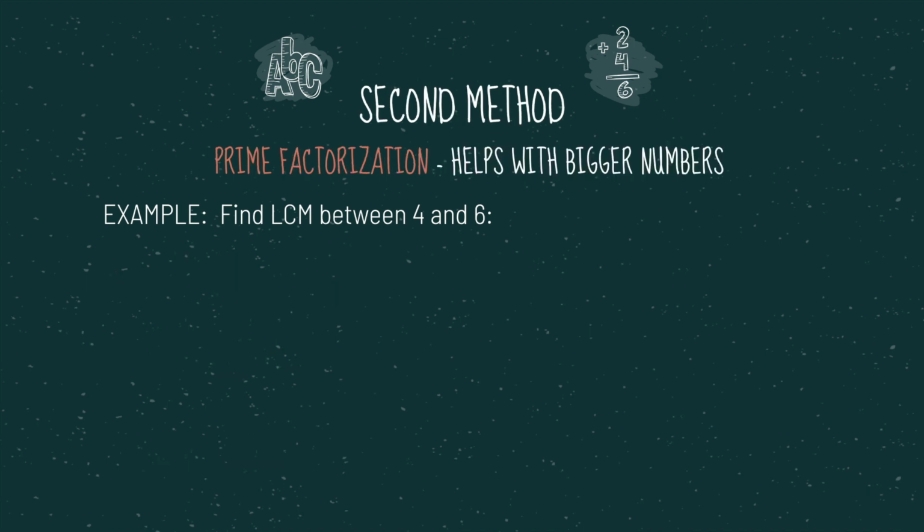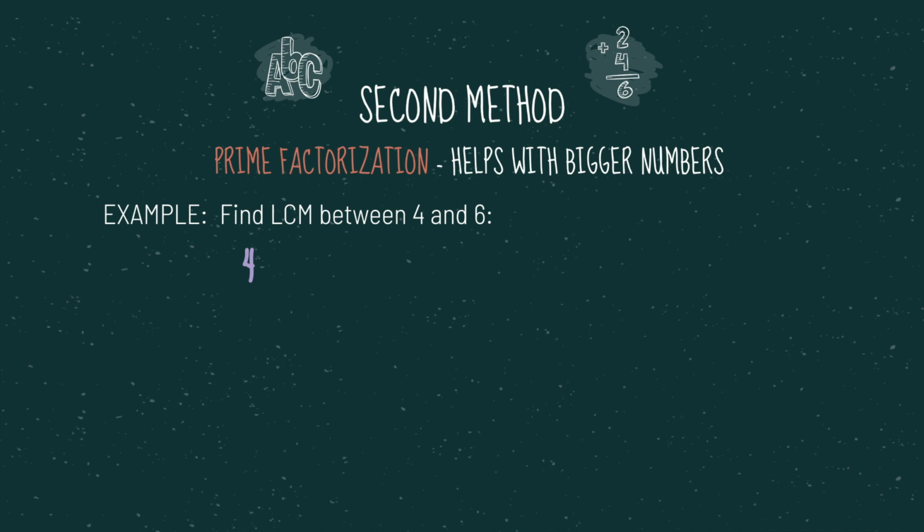The second method is to use something called prime factorization, and this is a huge help for bigger numbers. Right now we're just going to work with 4 and 6, but in other examples later in this lesson we'll work with bigger numbers. So right now we're going to find the LCM between 4 and 6 using prime factorization. We make a sort of tree chart with each of the numbers we are given.